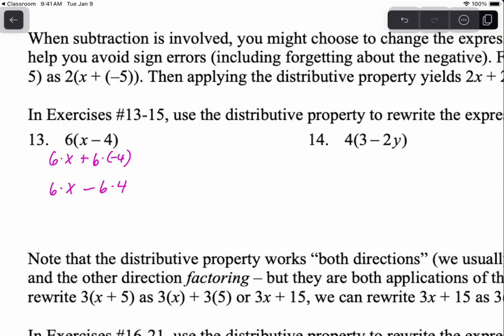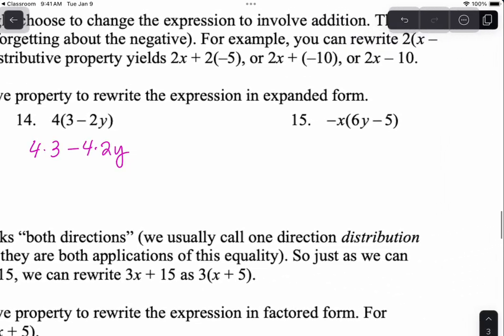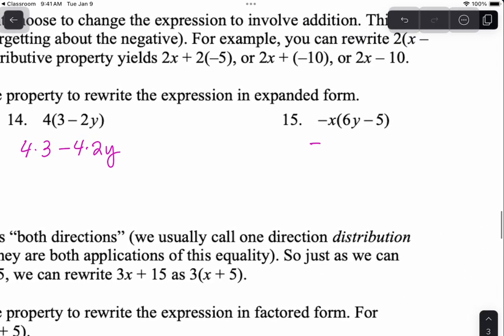So for 14, that would be 4 times 3 minus 4 times 2y. And then here, this would be negative x times 6y minus negative x times 5.